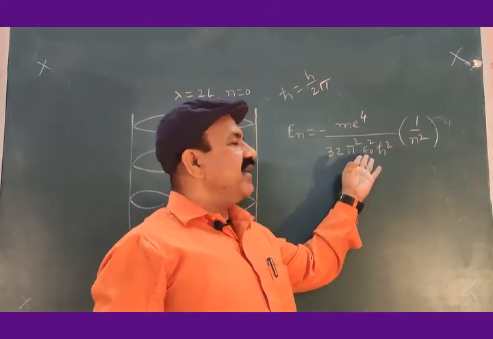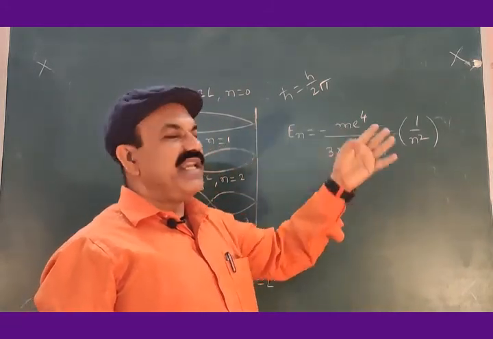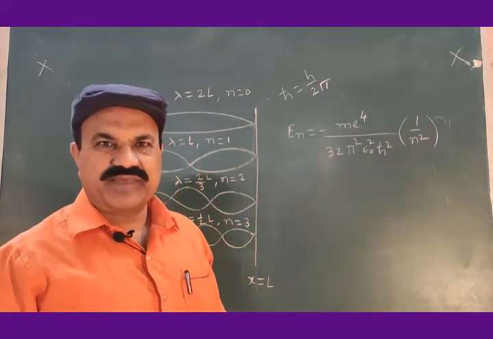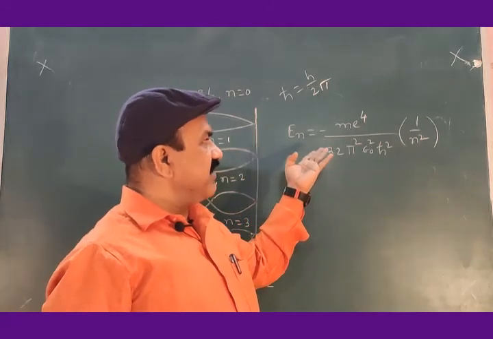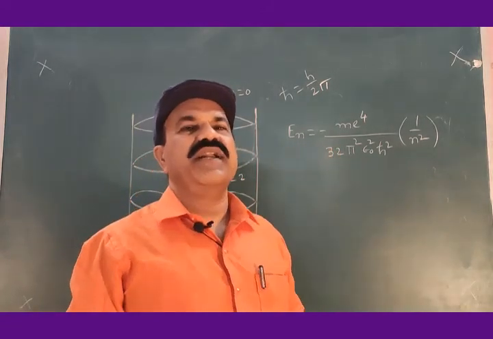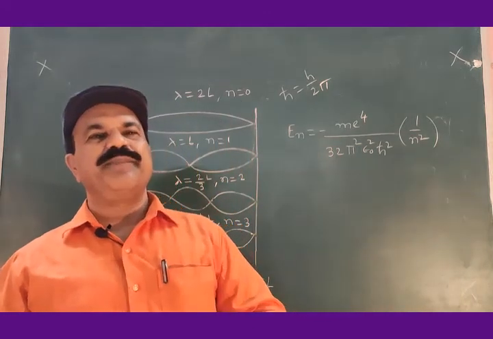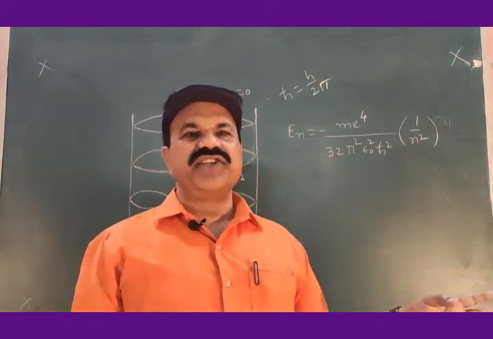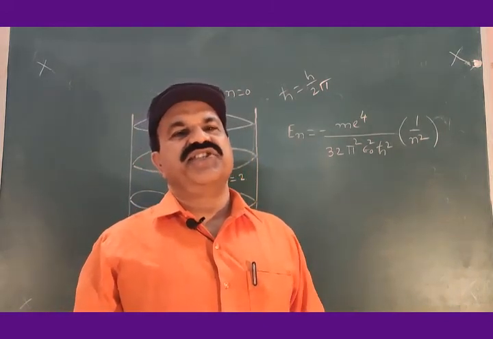Epsilon 0 is the permittivity of free space. Pi is a constant, m is mass, and e is the electronic charge. So this is the energy quantization found for the hydrogen atom. You can also write this Schrodinger equation for helium and find the energy quantization. This can be done for any stable system.